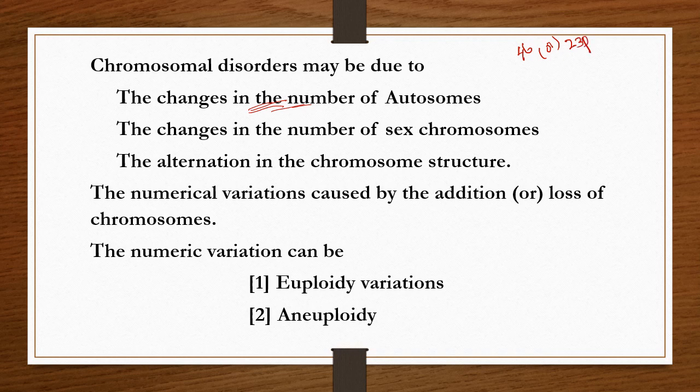Of these, 44 chromosomes, or 22 pairs, are considered autosomes. So a change in the autosome number may cause a chromosomal disorder.